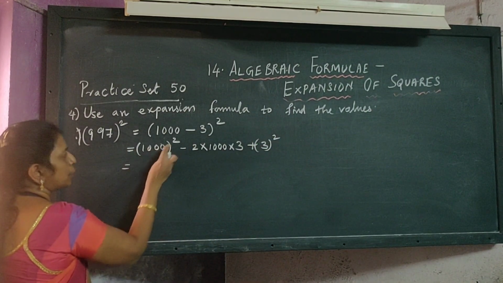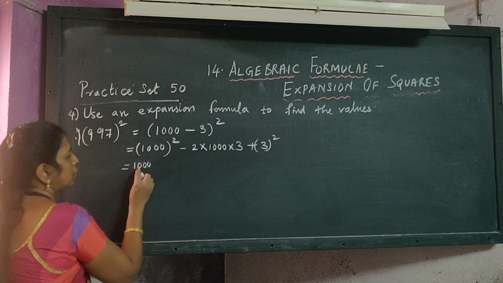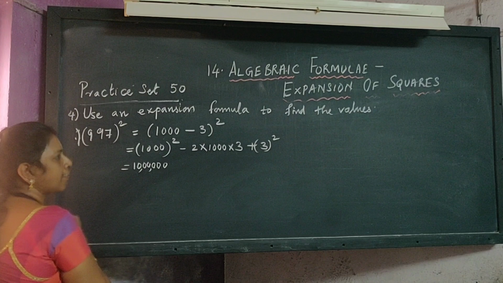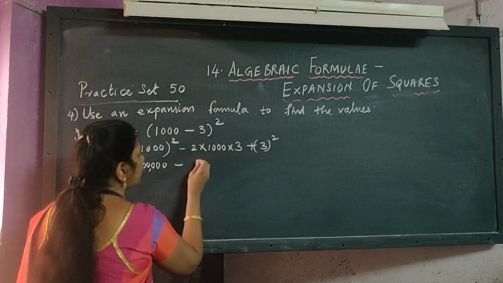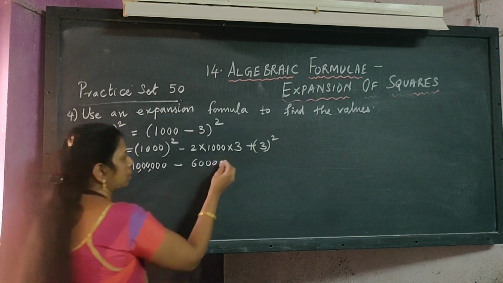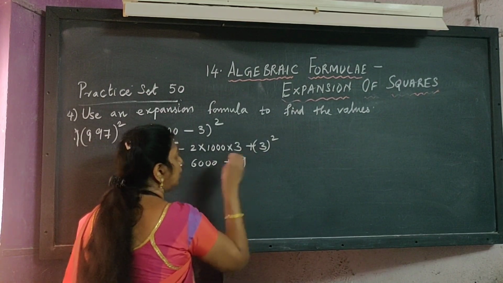Now 1000 square will become, you put already 3 zeros, again you add 3 zeros, that is 10 lakh, minus 2 3s are 6, put 3 zeros, so it will become 6000, plus 3 square will become 9.